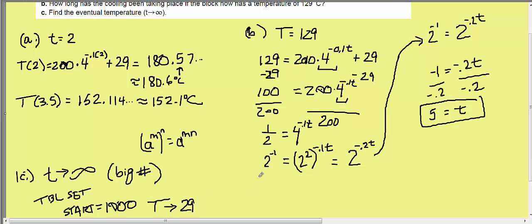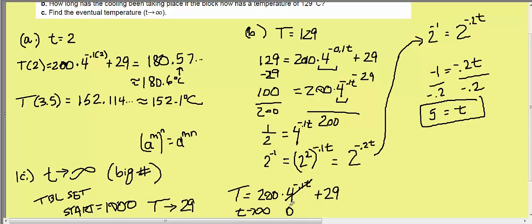But if we go back to what the original function is, this is 200 times 4 to the negative 0.1t plus 29. Because this exponent is negative, the larger numbers going in for t are going to make this so small that this whole thing's going to go to 0 as t goes to infinity.